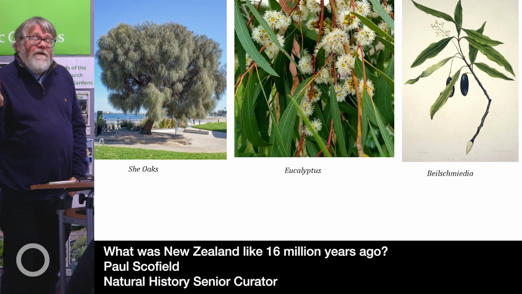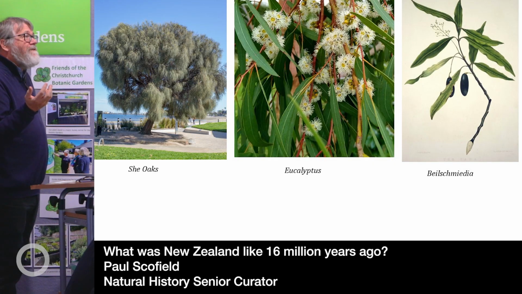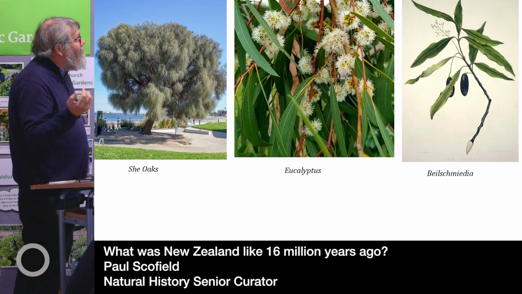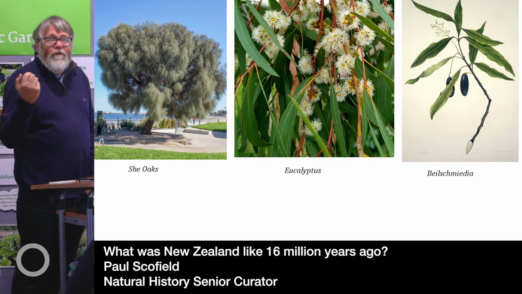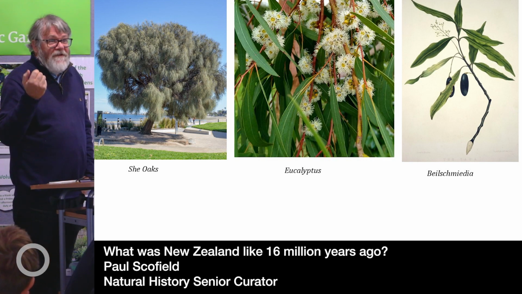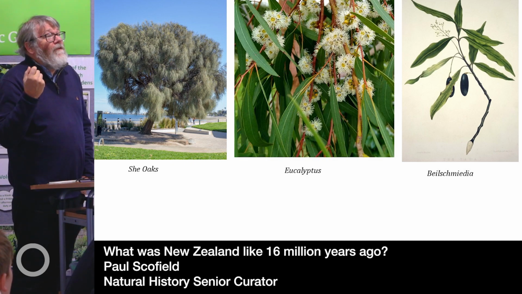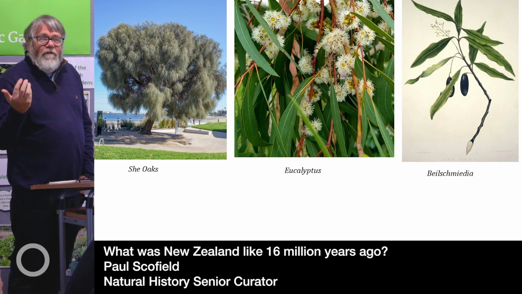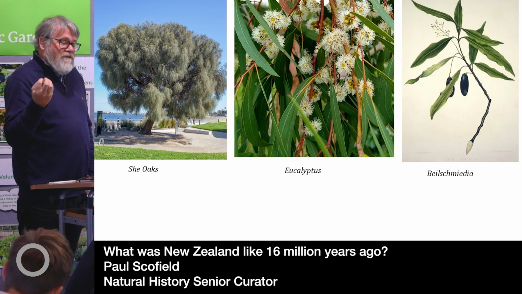And there's no denying that it is, but it's not necessarily what New Zealand looked like even 15, 20 million years ago. New Zealand may have actually looked more like northern New South Wales or even Queensland, which, as New Zealanders very proud of our flora and fauna, we're a bit shocked to discover.